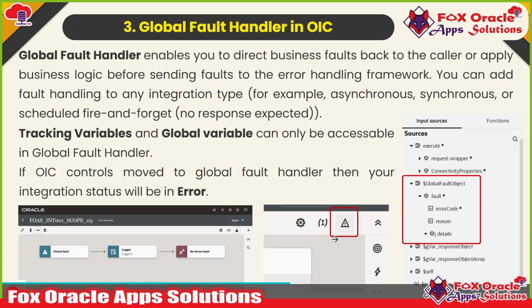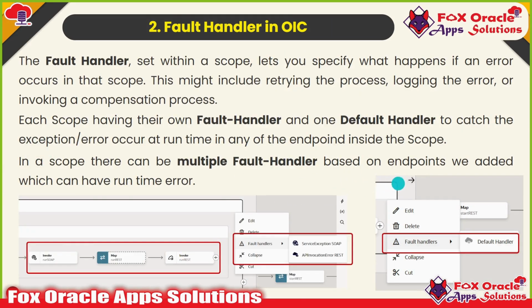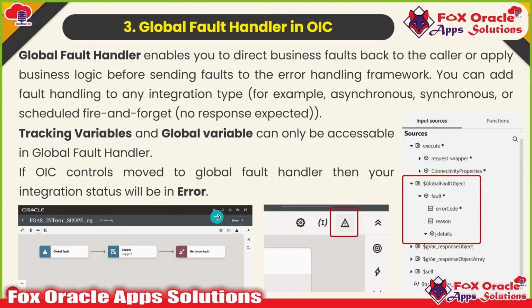There is one more difference between the scope level fault handler and the global fault handler: in your integration there can be multiple scope level fault handlers, but there will be only one global fault handler. The global fault handler is the parent one.